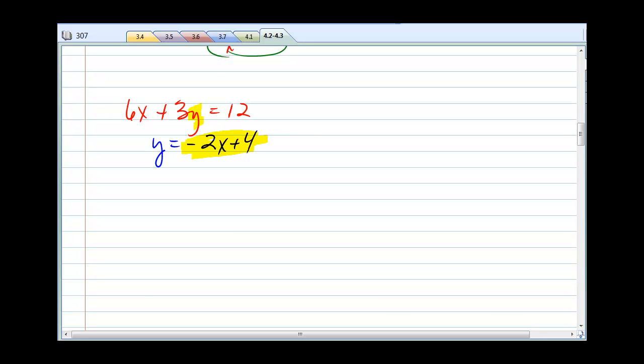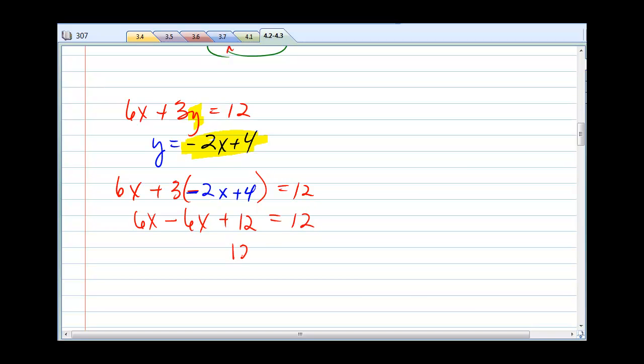So let's rewrite this as 6x plus 3 times negative 2x plus 4, because I'm substituting back in, is equal to 12. And now once again I have all x's, so I can just simplify this equation. 6x minus 6x plus 12 equals 12. Well, what happens to my x's? They're going to cancel out, and I'm left with 12 equals 12.